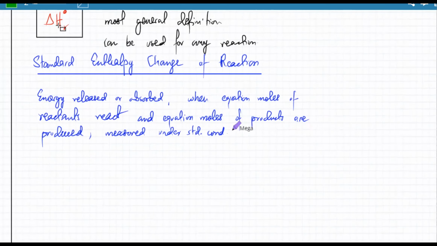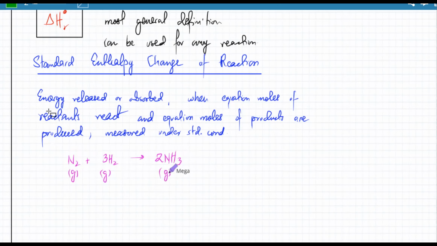It means that if I'm given a reaction, say N2 reacting with 3H2 and producing 2NH3. The equation gives us the simplest whole number ratio.